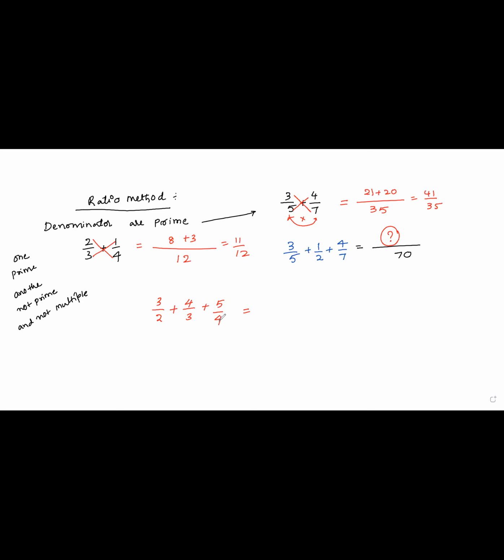Not 4, let me take 25 here, and let me change this one to 2. Yeah, now if you see, this is not prime, this is prime, this is prime. So in this case also the LCM becomes 2 into 3 into 25 only, their product only.